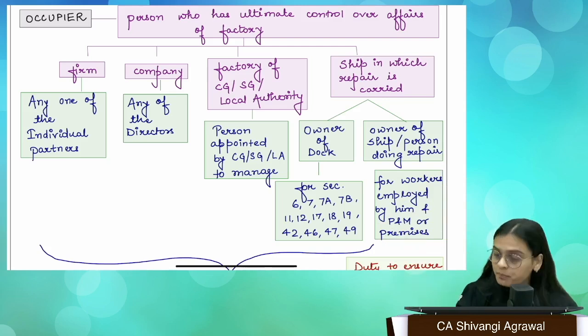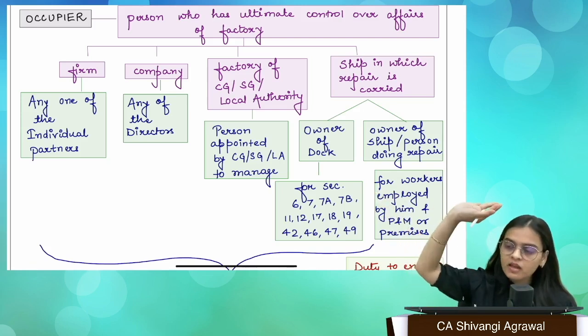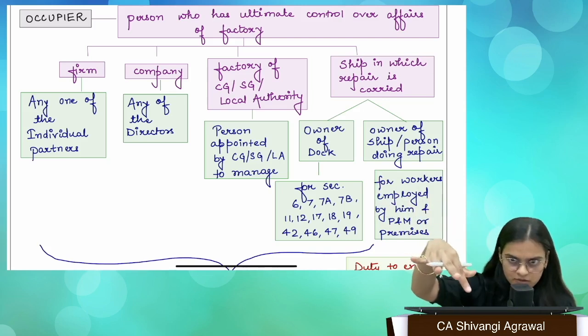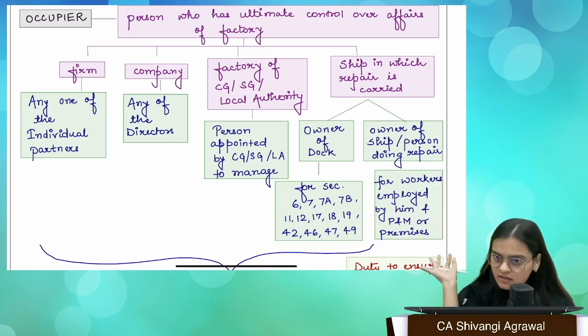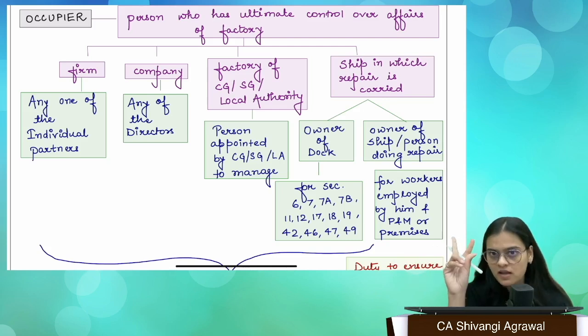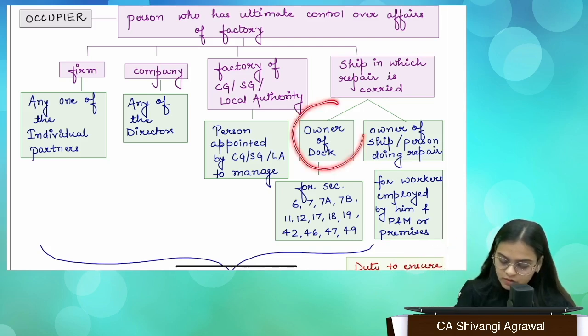If a ship is being repaired, there is a dock, right? And there will be a ship. You understand what a dock is, right? Now, here some repair or maintenance work is being carried out, so that particular area also becomes a factory in a way. So who is the occupier? Who has the ultimate control over that particular area? There will be an owner of the dock.